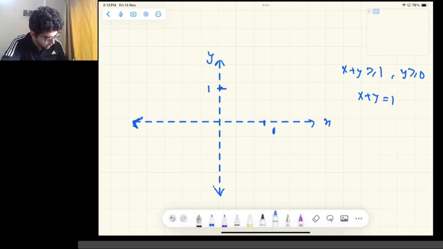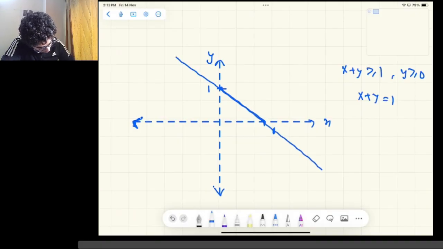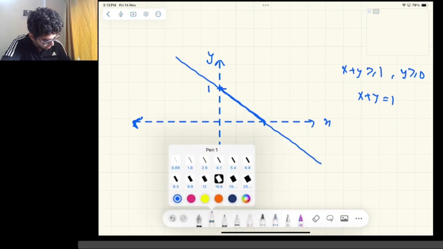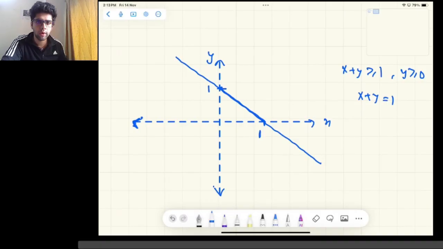I can't use this line. I hope you guys can see. So this is 1 and 1, and this is my x plus y equal to 1 line.